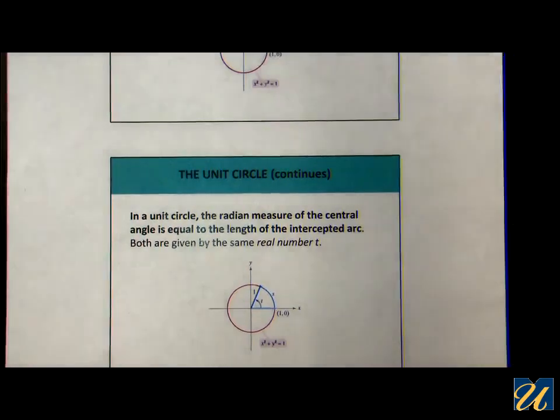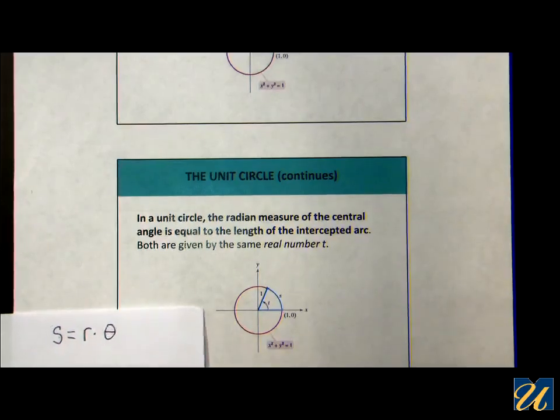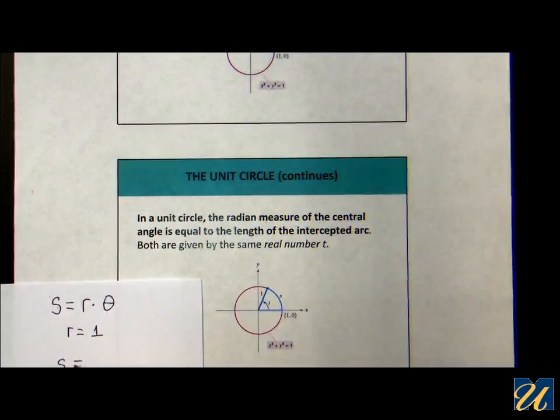As we discussed earlier, the relationship between the arc length, s, the radius of the circle, r, and the central angle theta is given by s equals r theta. Now, if we're in the unit circle, then r is equal to 1. So on the unit circle, the arc length is equal to the central angle.